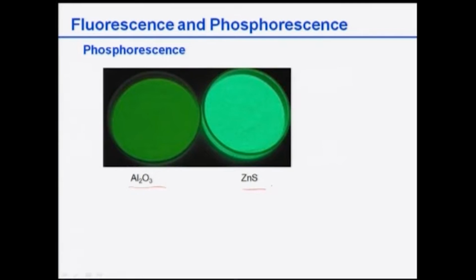What you see is that aluminum oxide does not phosphoresce, but zinc sulfide shows phosphorescence. These are well known, and you have probably observed in real life that many minerals in this world give photoluminescence behavior.